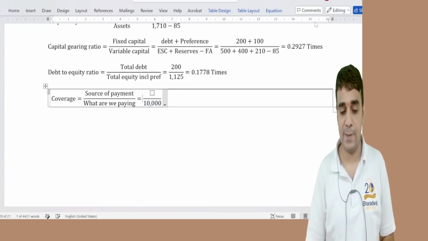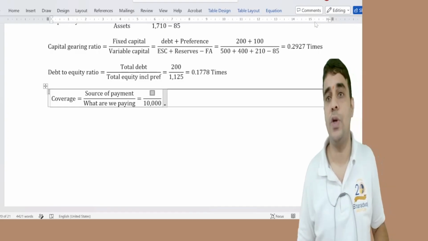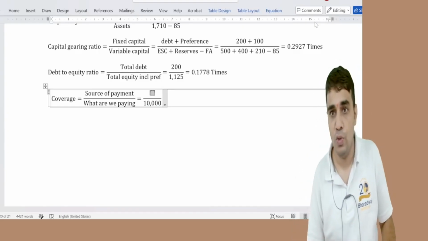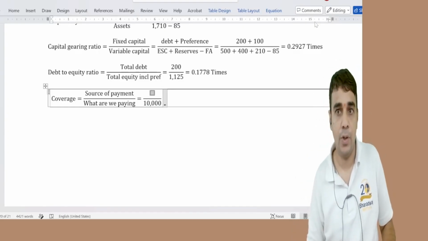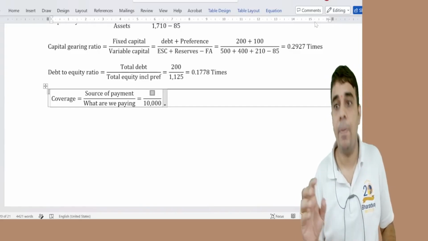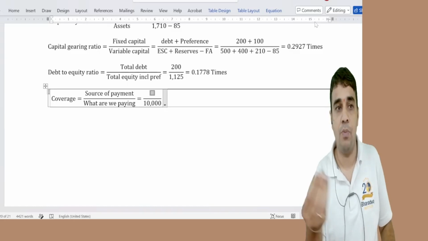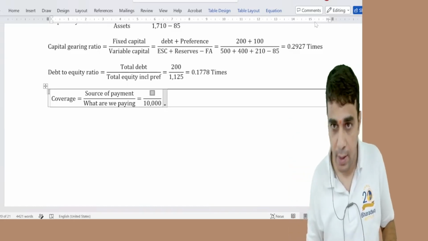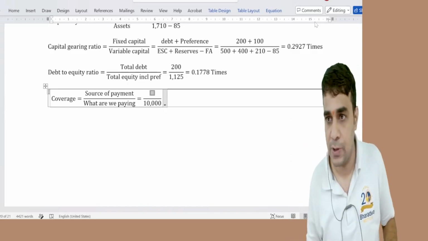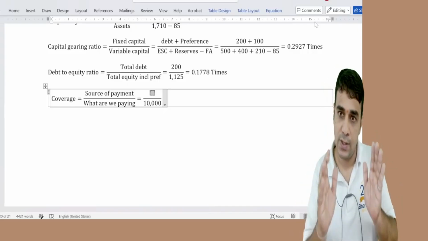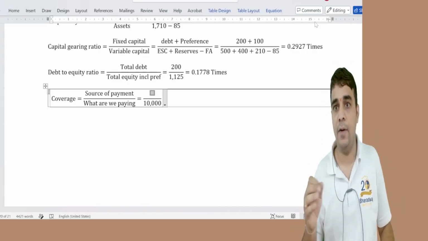Now your expenses, there's a source for you to make this money. For you, your sources could be your pocket money, plus if at all you're generating some income, doing some small or miscellaneous work, or when you start working, your articleship stipend and other things. So what is the source of paying, divided by what are we paying?